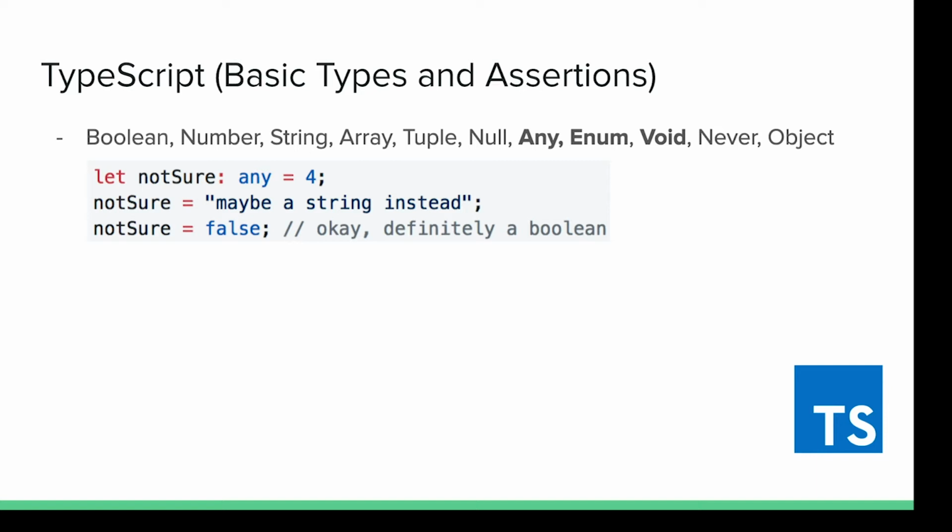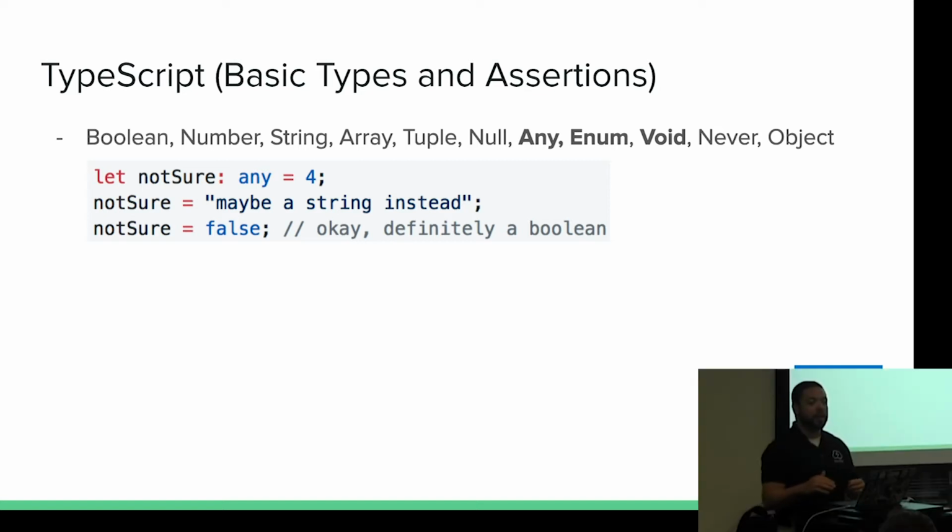So if I were to drop the any off of this, the TypeScript compiler would infer that notSure is a number, and then these next lines would error on you. So you have to type it as any to say we need to allow this to accept any assignment. Now, I'll tell you for sure, and my devs in the back could tell you, we never use any anywhere. Never.